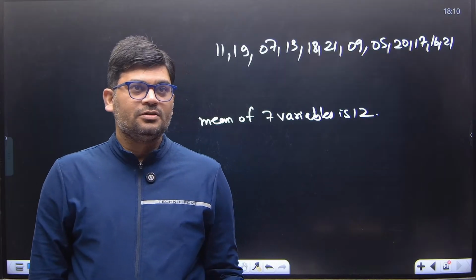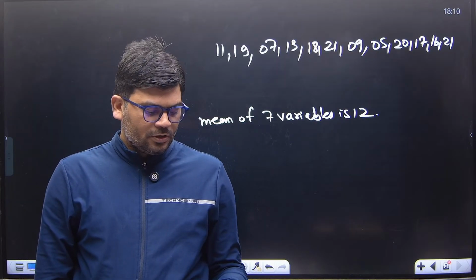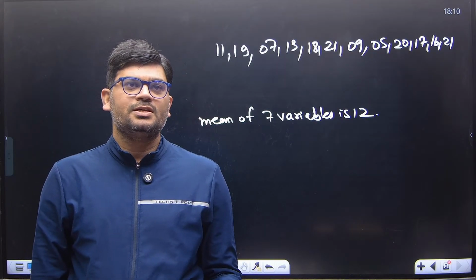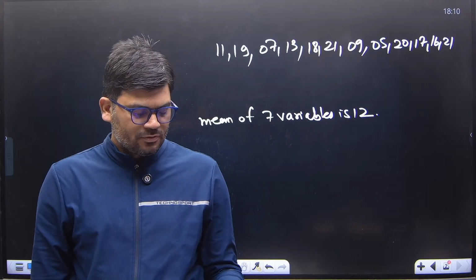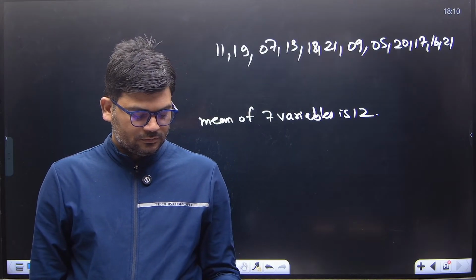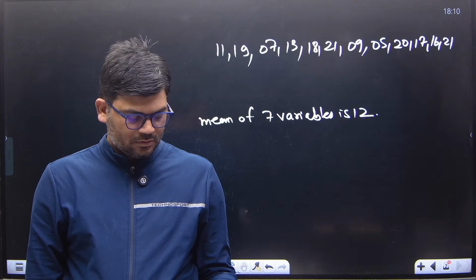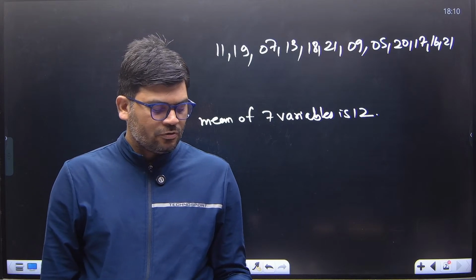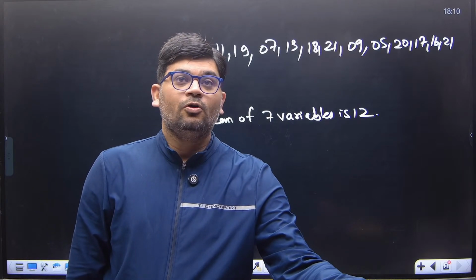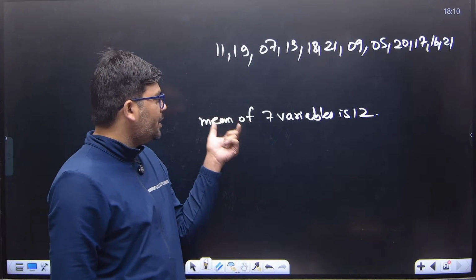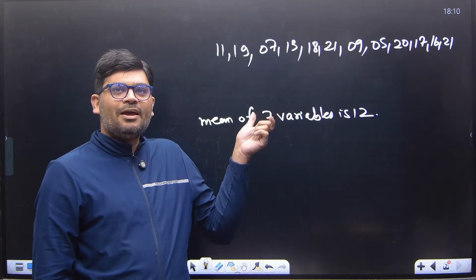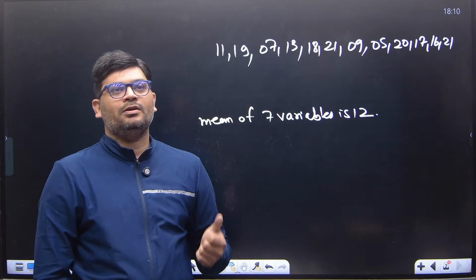That is the first thing. Can you tell me the total sum of all the observations in this case, if the mean of 7 variables is 12? This is the first thing that you should know about the mean. The total sum of all the variables, if the mean is 12, that means every variable is 12.